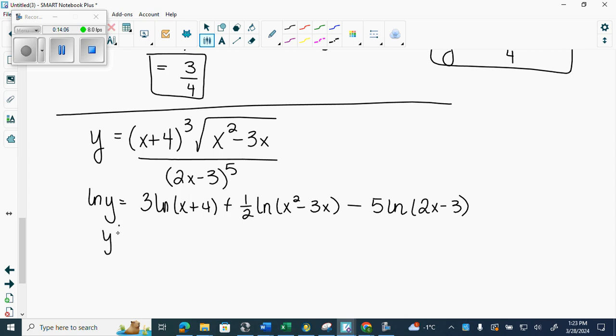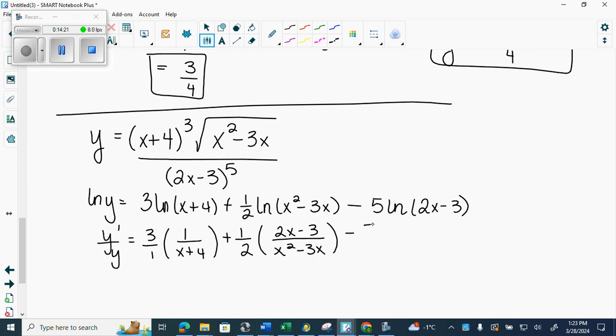We're going to get y prime over y equals 3 over 1, 1 over x plus 4, plus 1 half, 2x minus 3 over x squared minus 3x, minus 5 over 1, 2 over 2x minus 3.